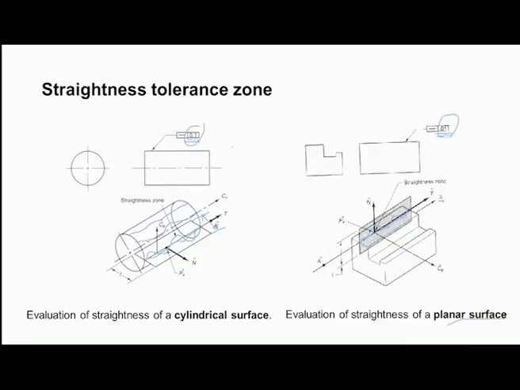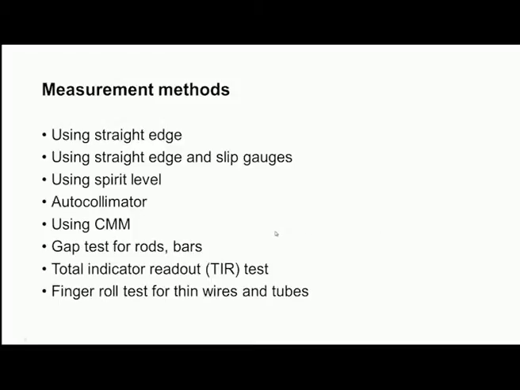If that is the case, we say this particular surface is straight. Now, having understood what is the meaning of straightness and straightness tolerance, now we will move to the measurement of straightness. So, various methods and various devices are used to measure the straightness.